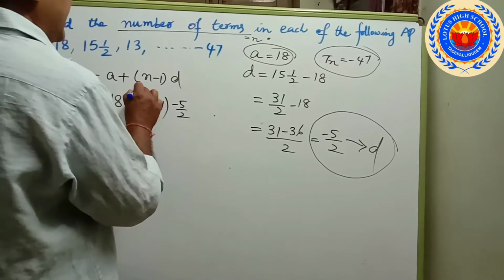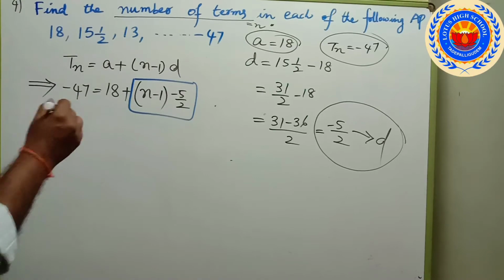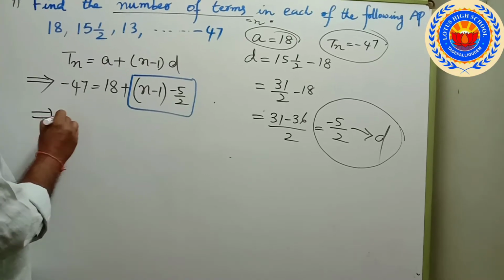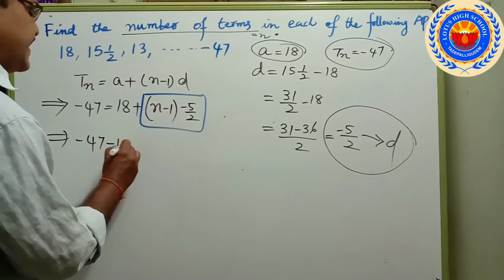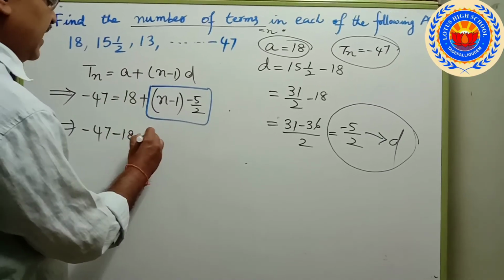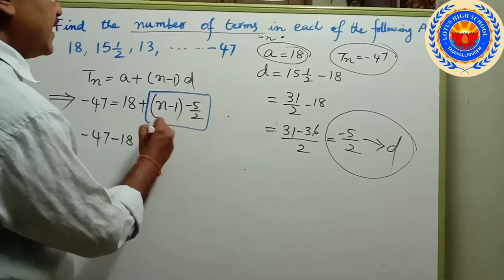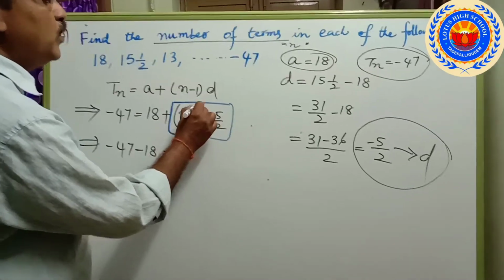Carefully check. So, minus 47 minus 18, transposed from RHS to LHS, is equal to, this we can multiply using the distributive property.